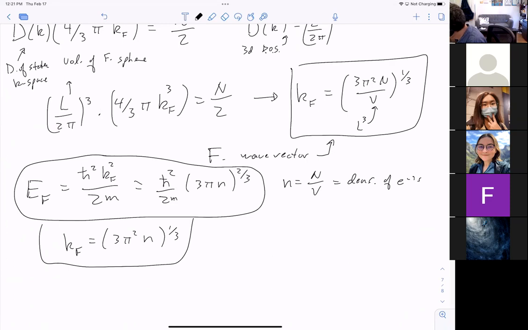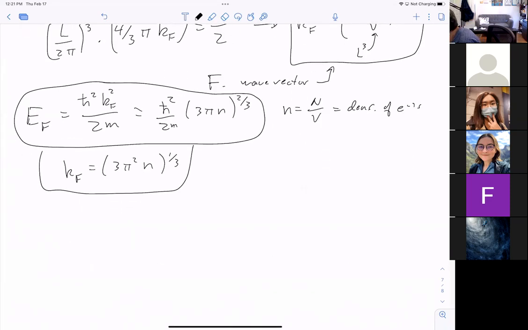And of course I could always define the Fermi velocity, which is just equal to momentum over m. It's a very trivial relationship, which is going to be h bar kF over m. I'm not going to write it out, you just plug that kF in.